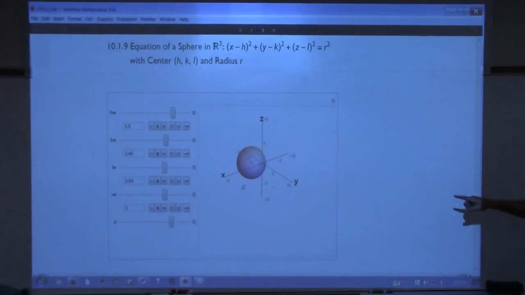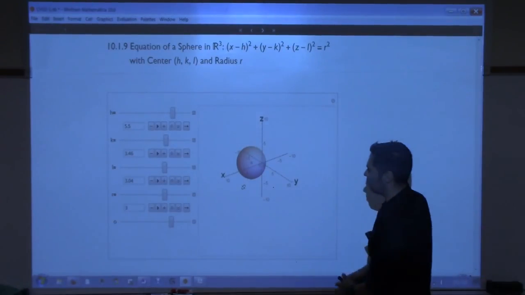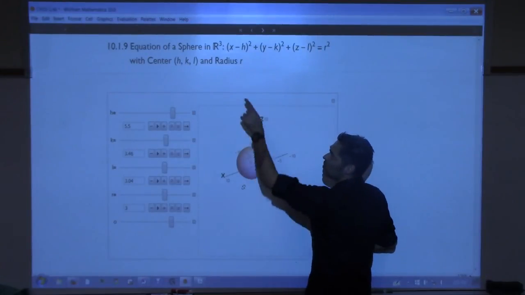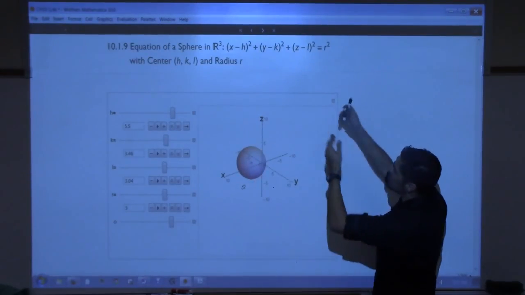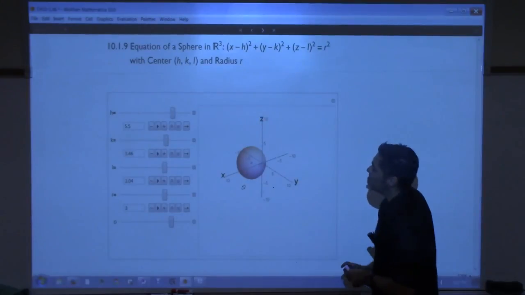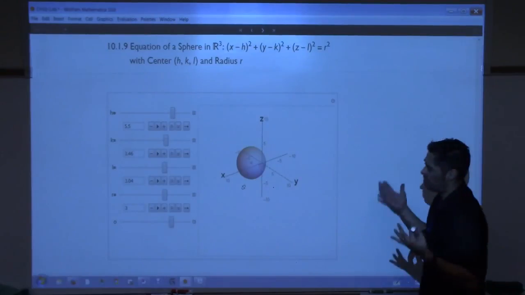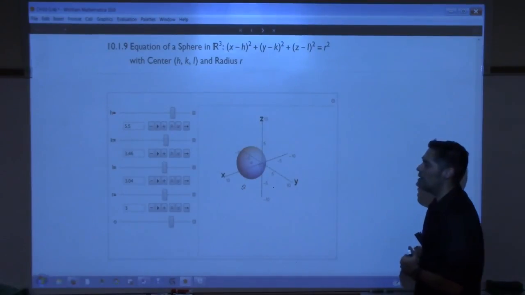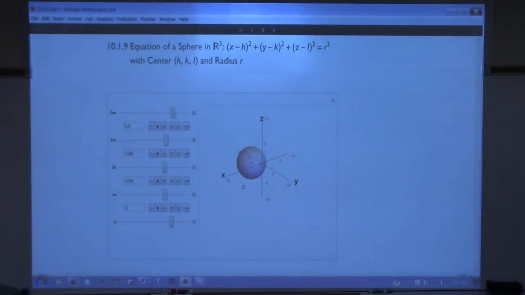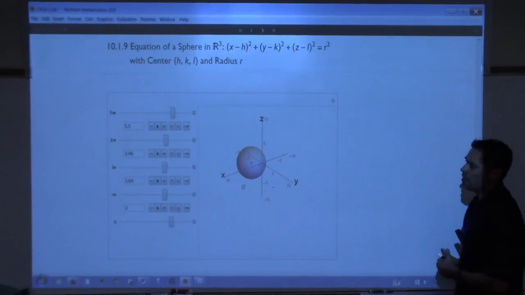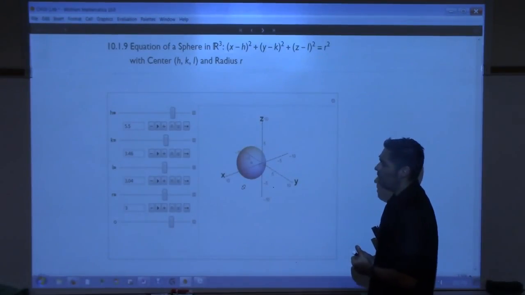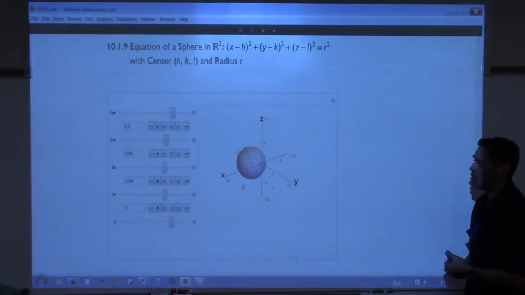If I give you this sphere, I give you its center, or I give you its equation, then can you tell me the distance between the center of that sphere and the origin? Yes? You would just apply the distance formula, right? Okay. Could you tell me the distance between the center of the sphere and a coordinate plane, like the xy plane?